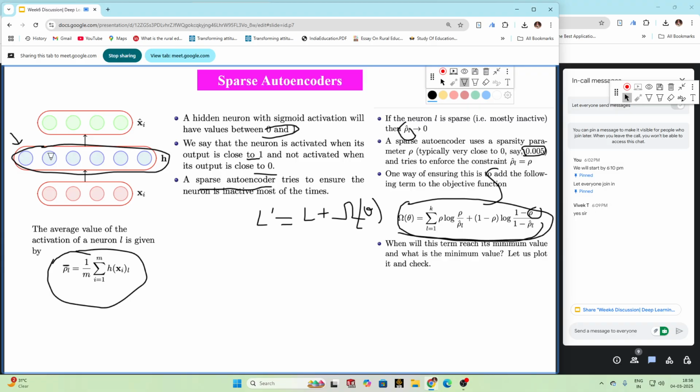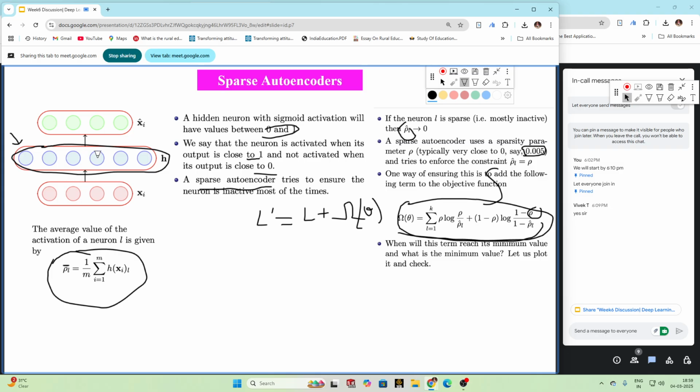What that will ensure is that most of the neurons in the hidden layer, or the encoding layer, will not fire. So it will not be able to do the feature extraction so perfectly. In the encoding layer we are just extracting the features of the input value.